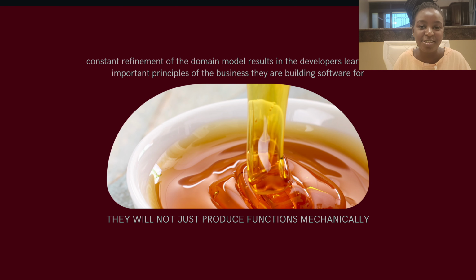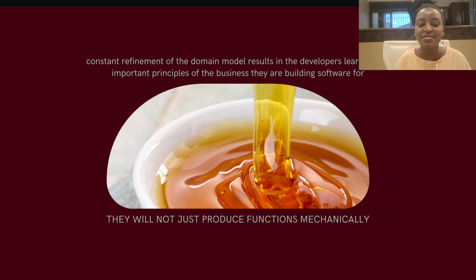Constant refinement of the domain model results in the developers learning the important principles of the business they're building software for. They'll not just produce functions mechanically. Maybe in the past you'd just be told, do this, and then you just go create a function, do what you needed to be told. But this time you're more interested in, oh, this is what it actually means from a business standpoint.